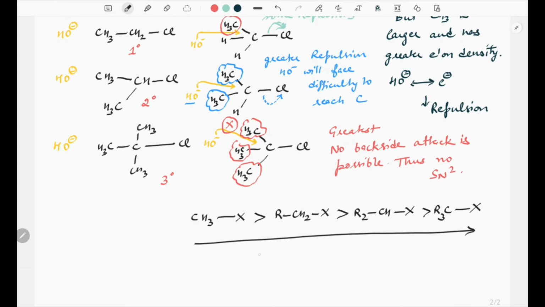In the order, SN2 mechanism rate decreases, and in case of tertiary there is no SN2.